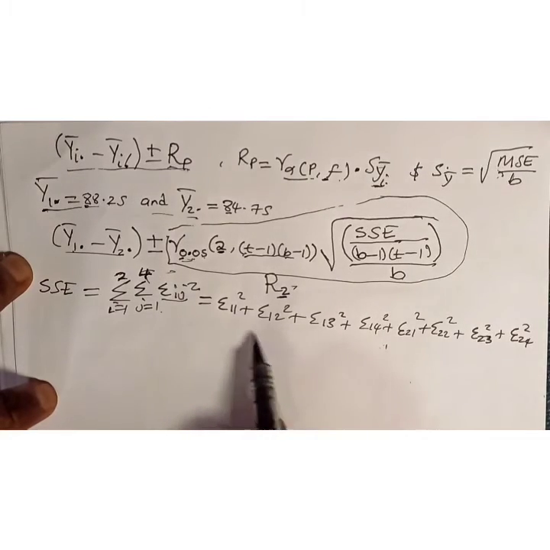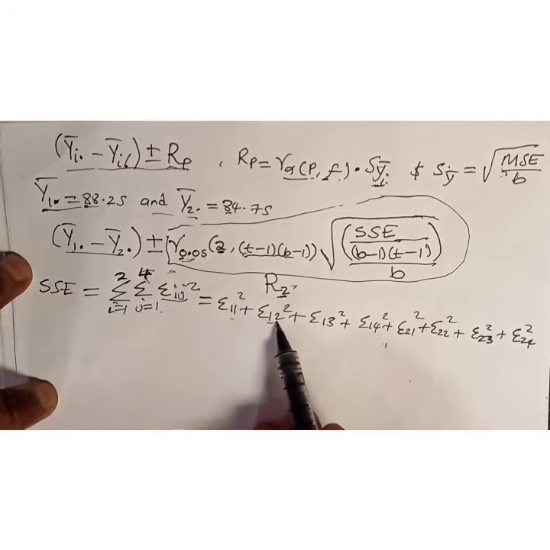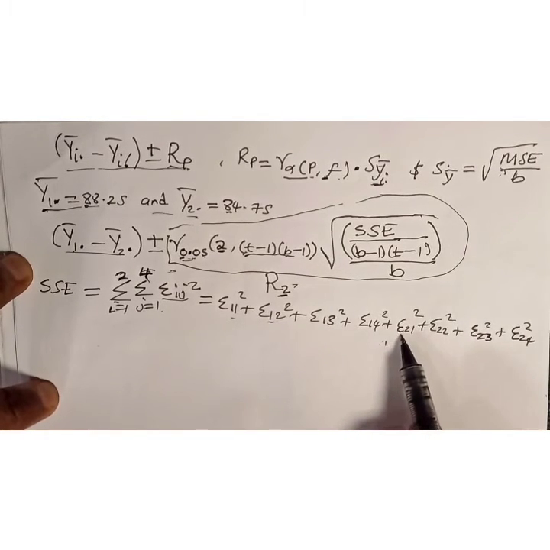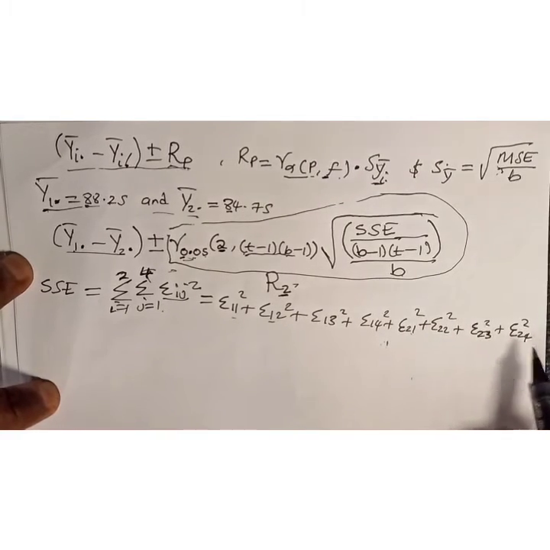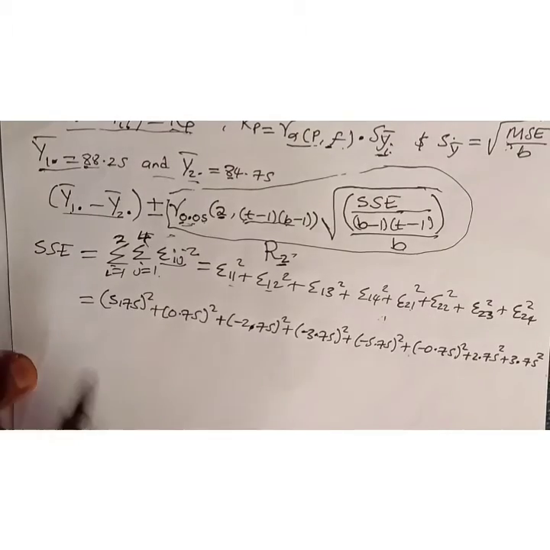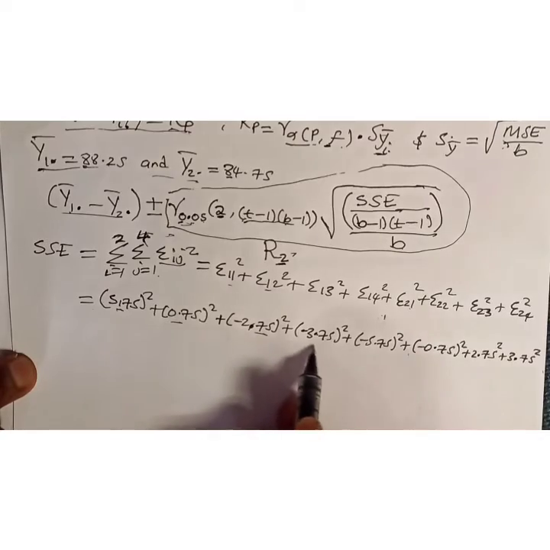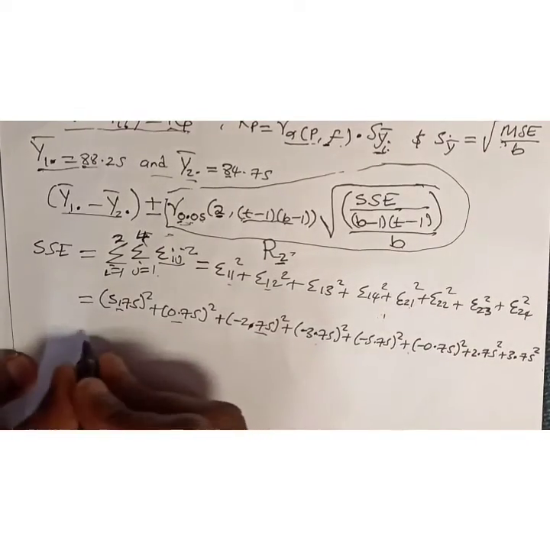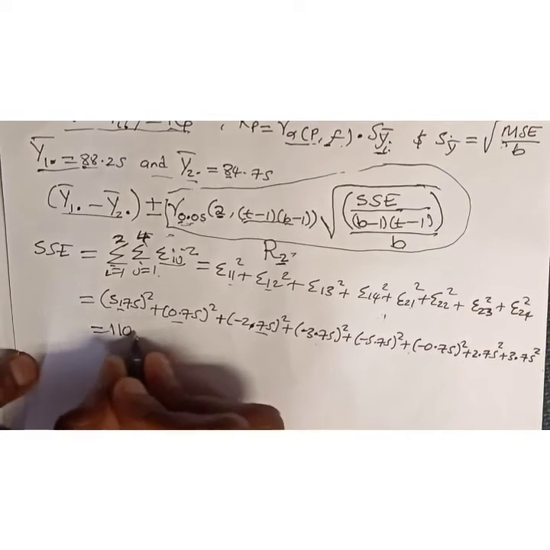You can see E11 squared plus E12 squared plus E13 squared plus E14 squared plus E21 squared plus E22 squared plus E23 squared plus E24 squared, which is a matter of substituting the values of the errors, squaring them, and summing them all up. Then your SSE is given by 110.5.